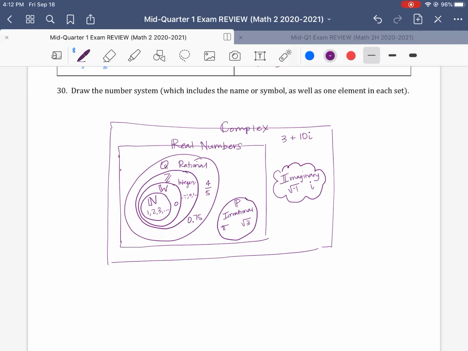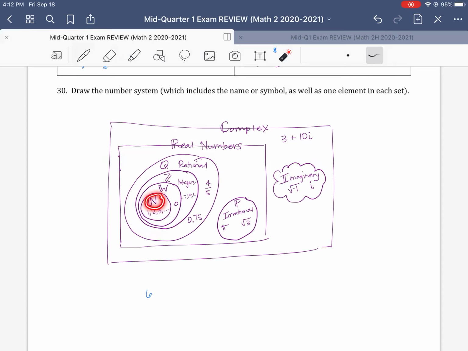Okay, and there's our number system, so just make sure we're recognizing those symbols and recognizing what numerical values come from where. So for example, if you were asked where did the value, let's say 6 fit into this, we would come to this and say, well, 6 would fit into these natural numbers.